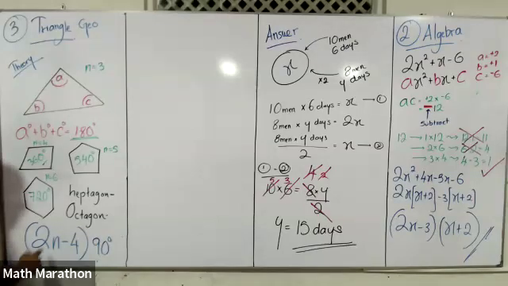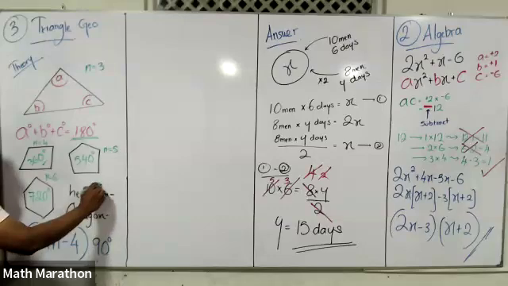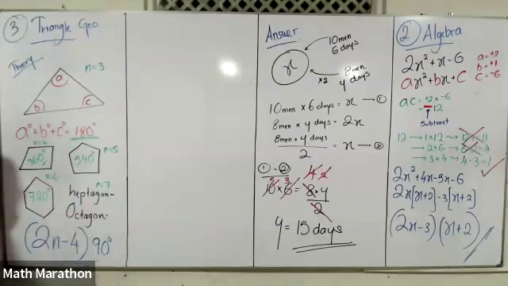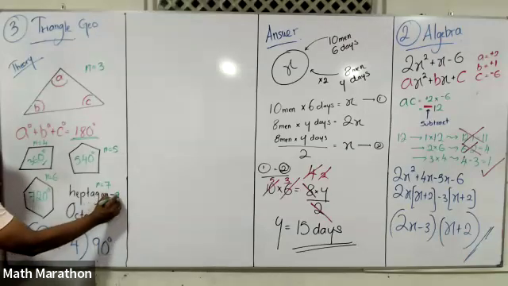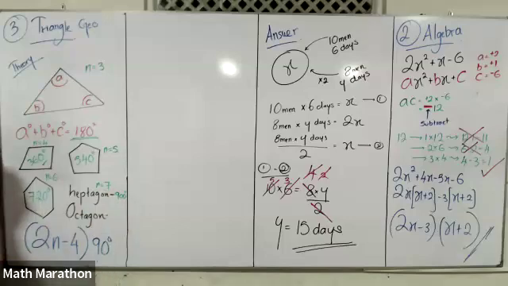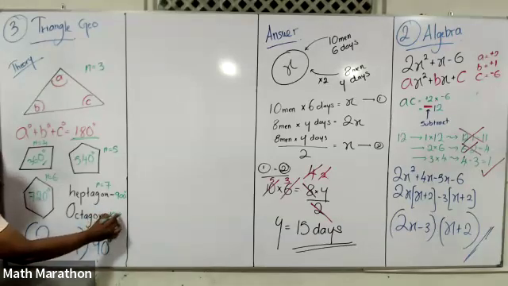Good. Heptagon, n is 7, 7 sides. 2 into 7, 14. 14 minus 4, 10. 10 into 90, 900 degrees. Octagon, 2 into 8, 16. 16 minus 4, 12. 12 into 90, 1080 degrees.